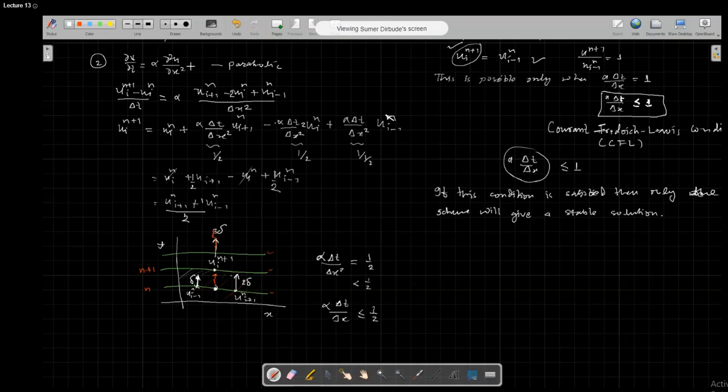Suppose there is one more term here, alpha del 2u by del y square. Then what will happen? Then this condition becomes alpha delta t by delta x square plus alpha delta t by delta y square should be less than or equal to half.